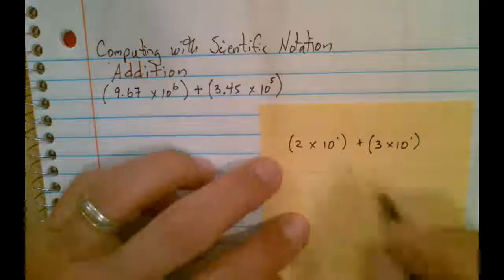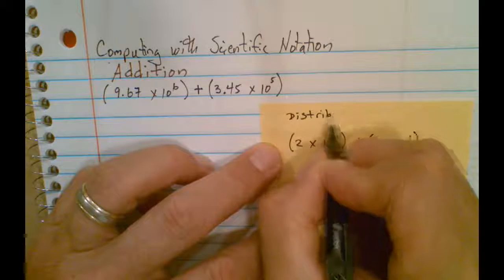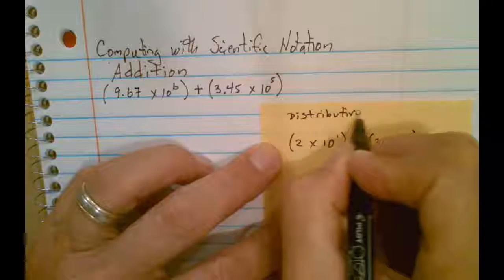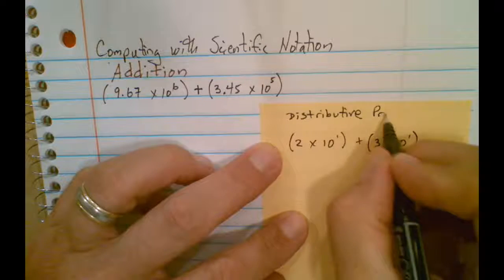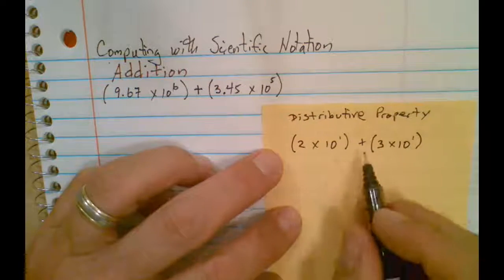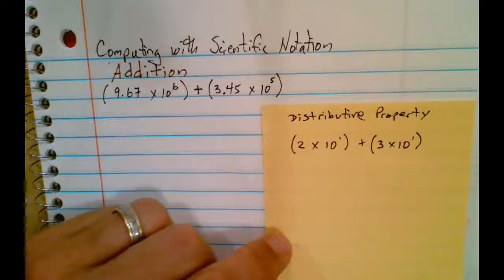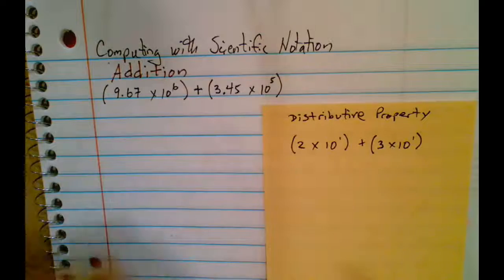I want to remind you of the distributive property, because we're going to use that when we come back to this. The distributive property looks for things that are common, so we want to factor. What we're looking for is things that are the same.